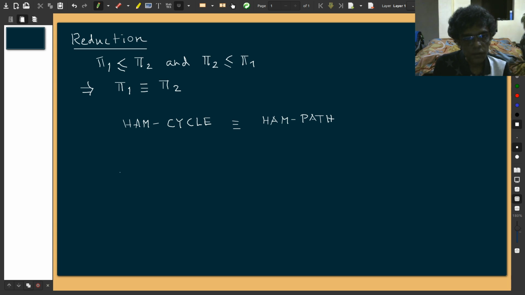Using very similar constructions, we can show that the same problems, the Hamiltonian cycle and the Hamiltonian path problems for directed graphs are again equivalent. Okay.